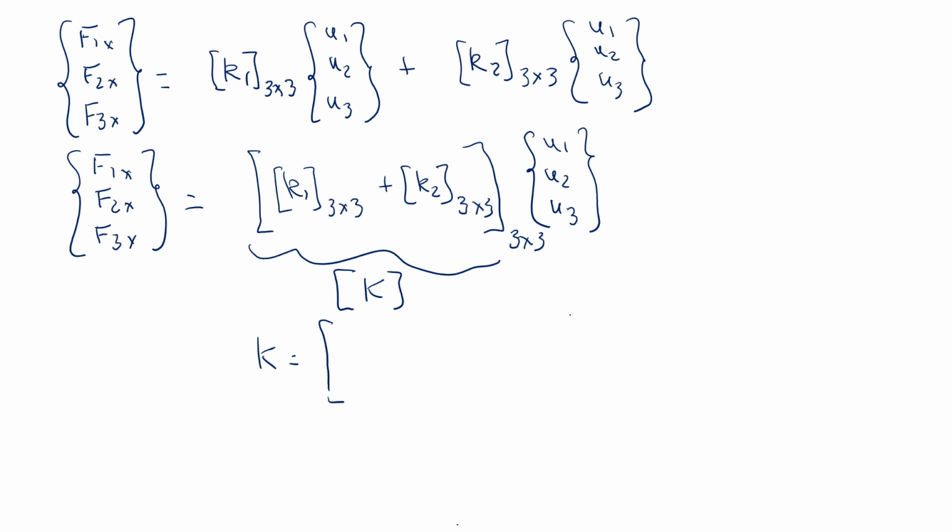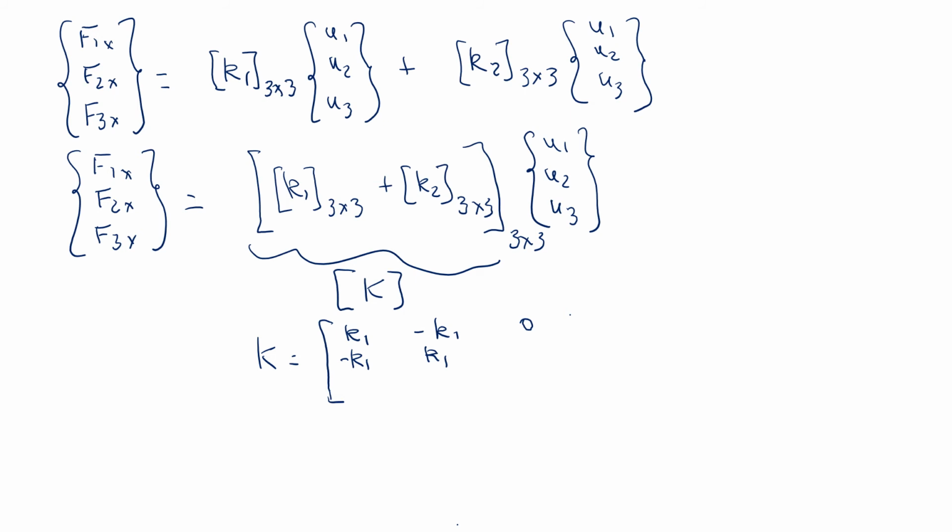And this global stiffness matrix K may be written as K1, minus K1, and then we are going to get a 0, and then we have a minus K1, a plus K1 here, and then I'm going to get entries from my second element stiffness matrix.